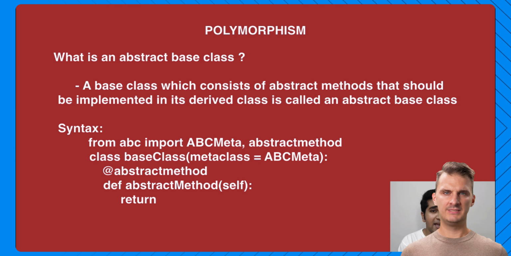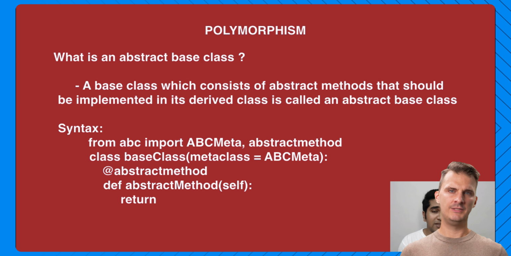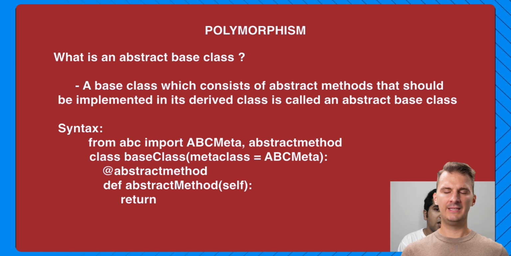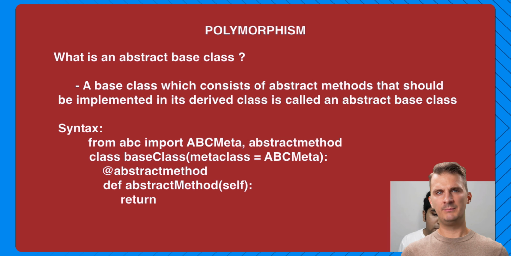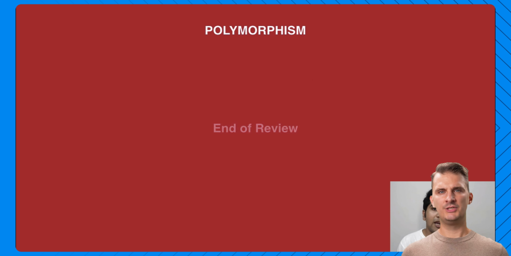And how do you do that? At the time of creation of your class, within parentheses you say metaclass equal to ABCMeta, and to make the methods of the class abstract methods, we make use of a decorator called @abstractmethod. Now in order to use ABCMeta and @abstractmethod, we need to import them from the abc module in Python. So that's the end of this section on polymorphism.